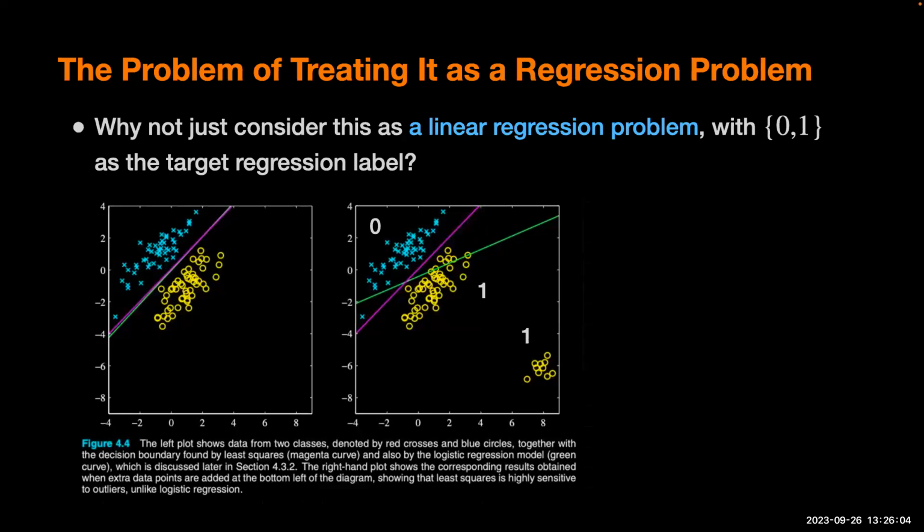But if you just treat that as a regression task, then you might risk finding the optimal solution to be the green line. Why is this the case? Because if I take the purple line, for example, I know that as I move away from the purple line, I might overshoot, right? So if the purple line means 0.5, maybe at this point, this is a value of 1.